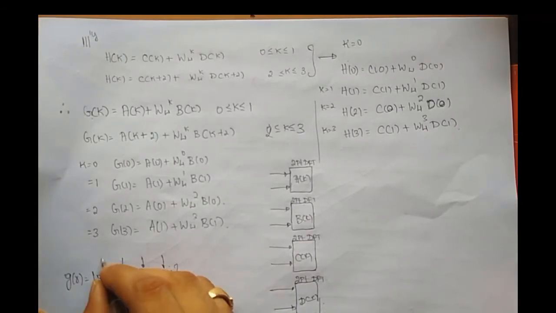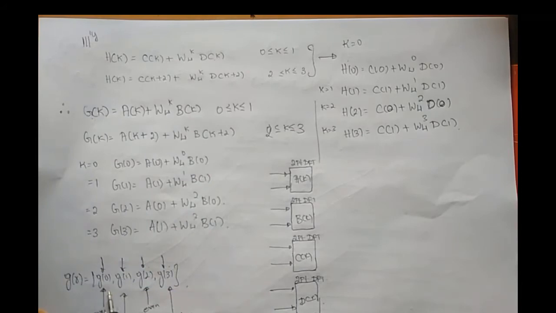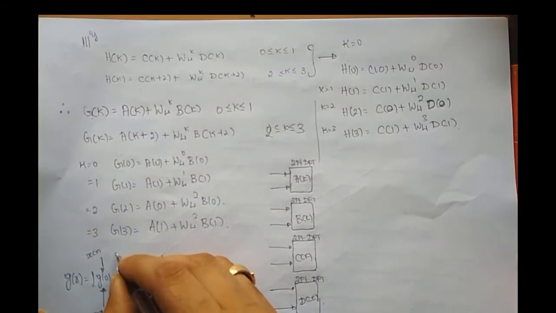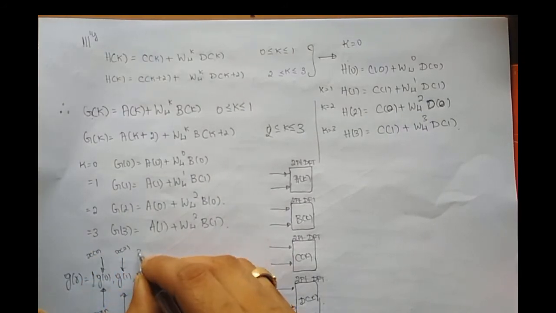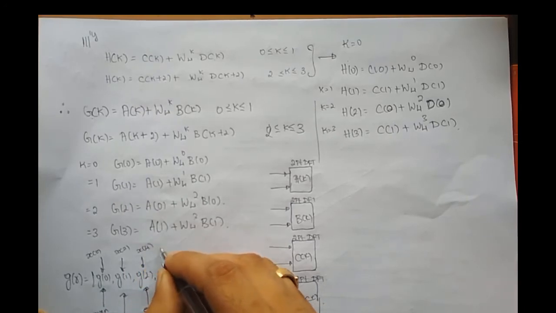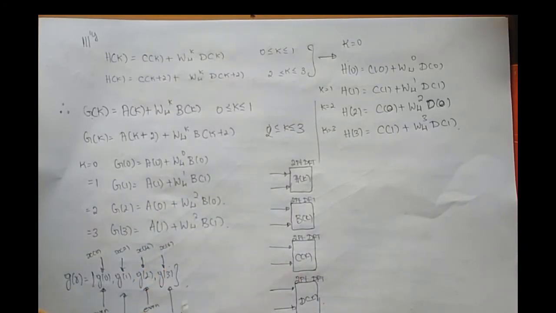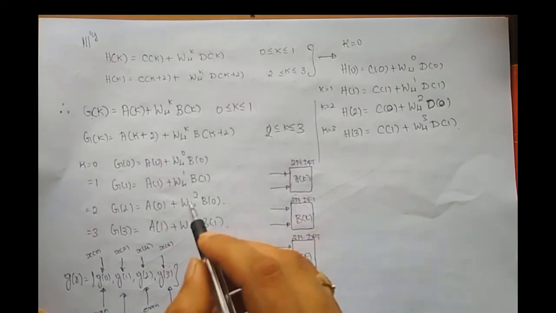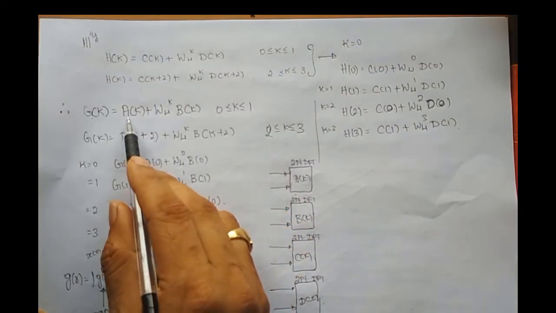And all these correspond to what? All this corresponds to the even sequence of x of n, right? G of 0 corresponds to x of 0, this corresponds to x of 2, this corresponds to x of 4, this corresponds to x of 6, right? Now, this a corresponds to what?